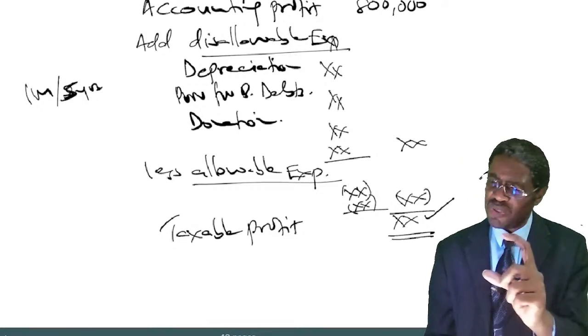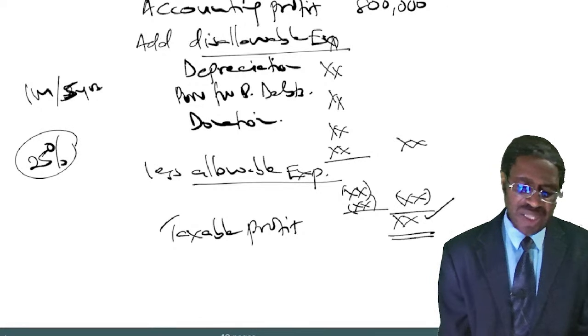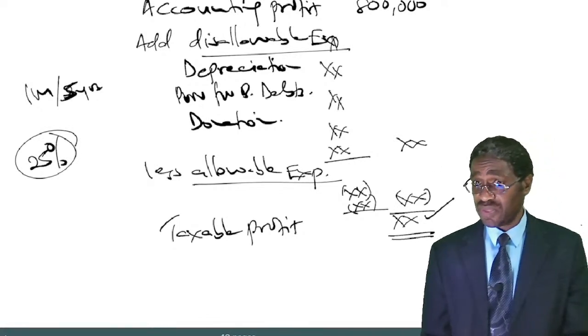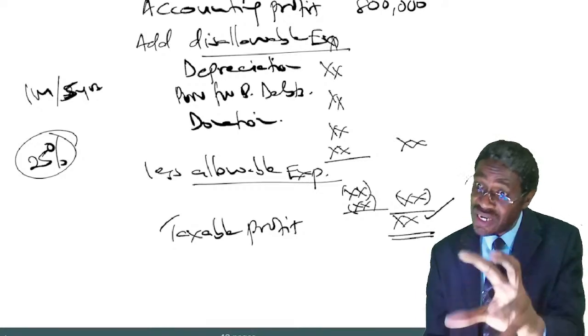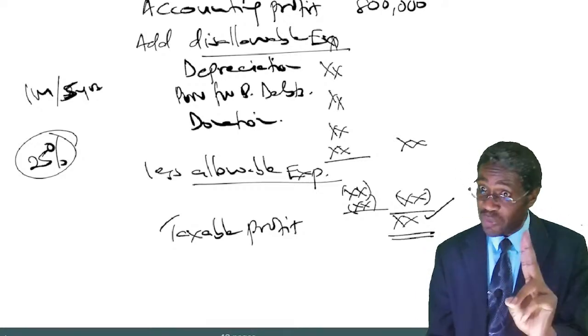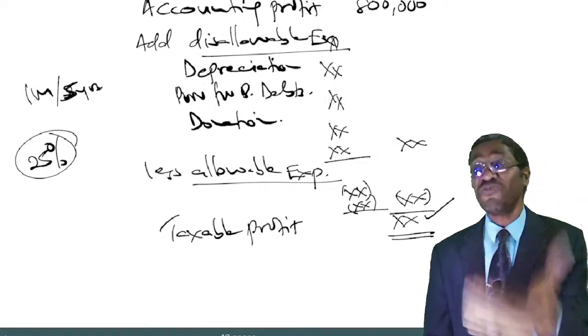But for tax purposes, the taxman could give you a capital allowance at the rate of 25% per annum. So while you are depreciating your asset by 200,000, for tax purposes, it gives you a capital allowance of 250,000.